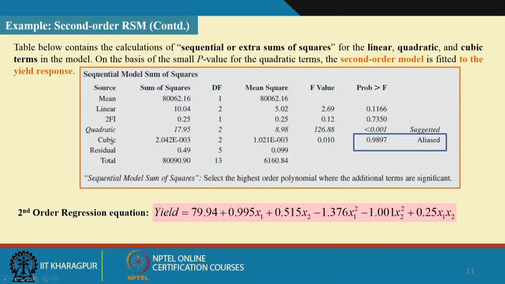Ultimately, if you go for cubic, you will find there will be some alias structure, meaning some parameters cannot be estimated completely. Also, for the cubic model the R square is 0.98, the F value is very low, so that means the cubic part is not needed.